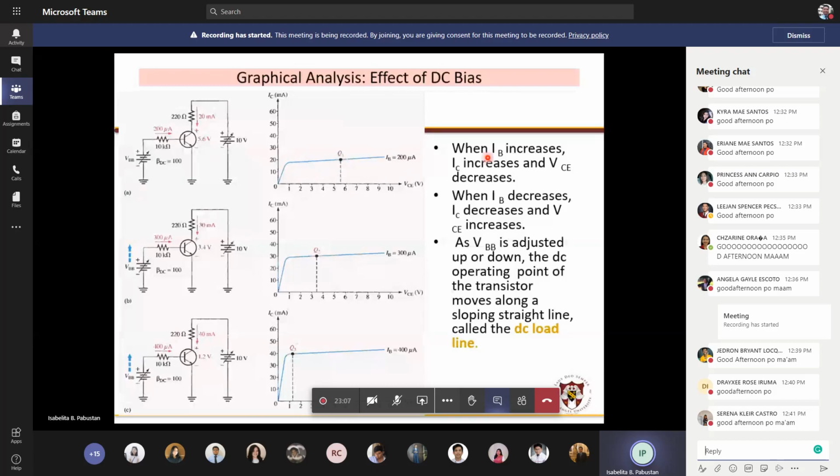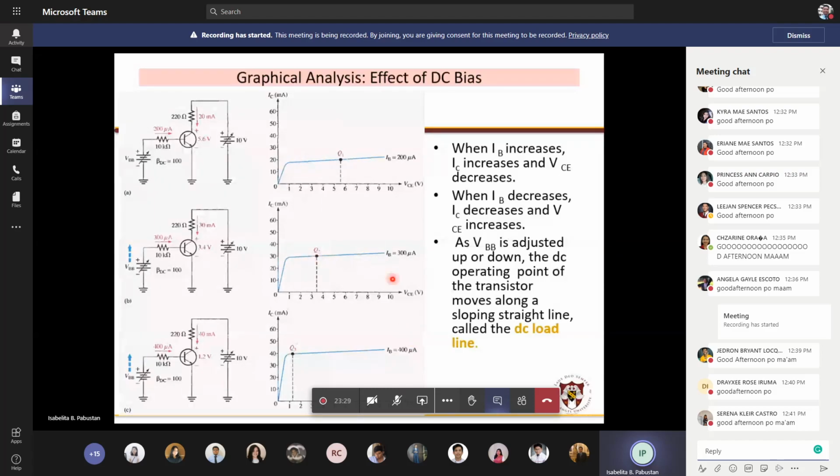IB increases, IC increases also. In-increase na yung IB, it becomes now 300 microamperes. Or you will see here that your IC now becomes almost 30 microamperes. Kanina 20 lang eh, no?